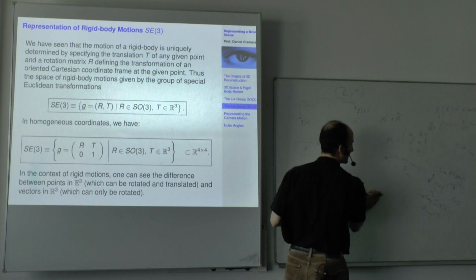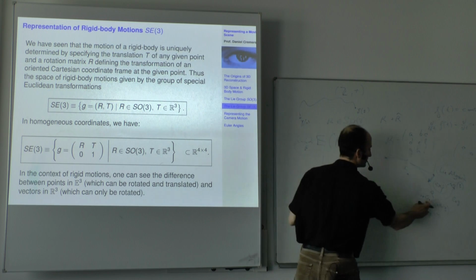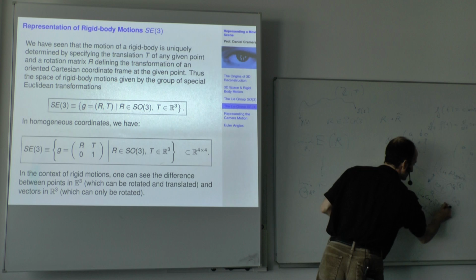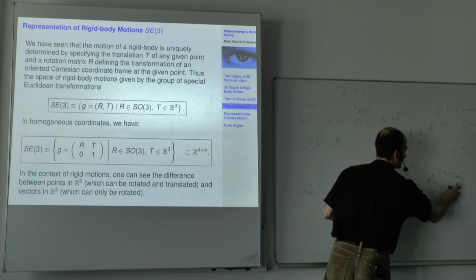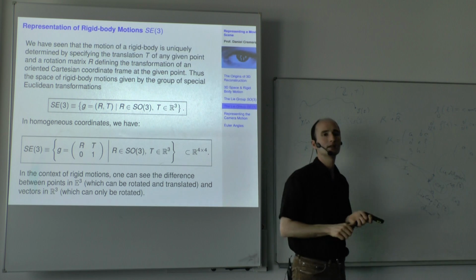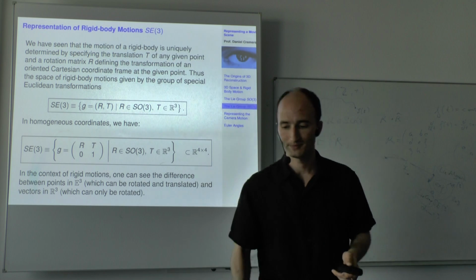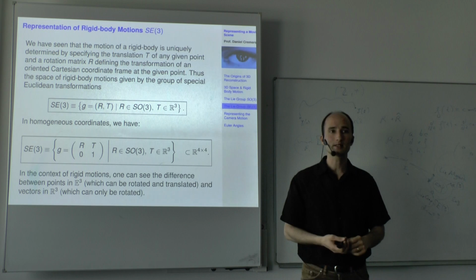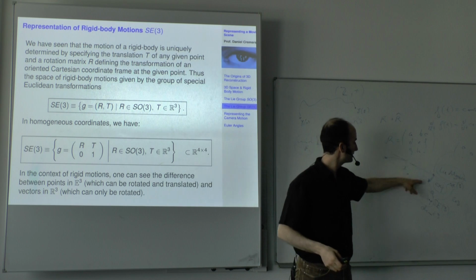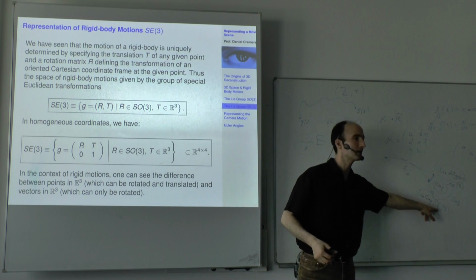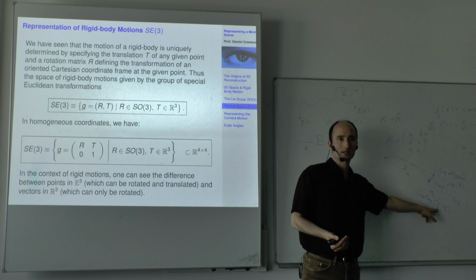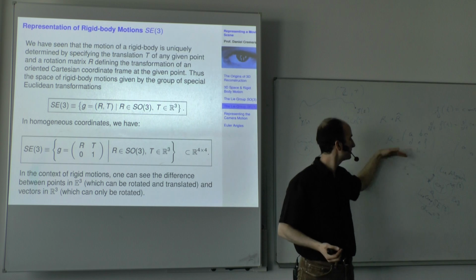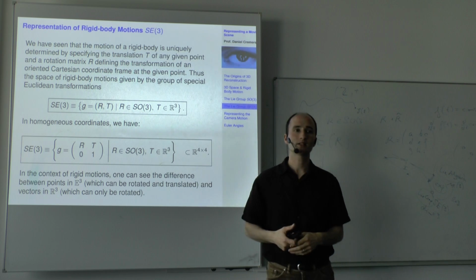So we have SE3, the special Euclidean group, and then little se3, the corresponding Lie algebra. The rest of the plot remains exactly the same. We have a unit element in the special Euclidean group, that is a unit matrix for rotation and translation 0. That's our unit element, and we can define a tangent space.